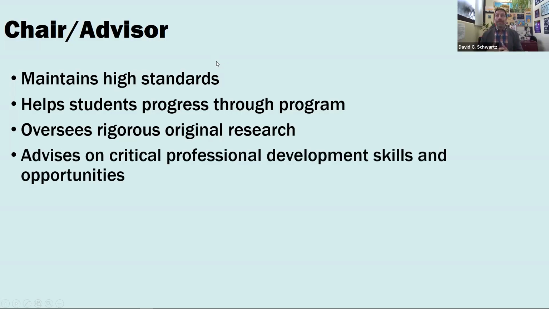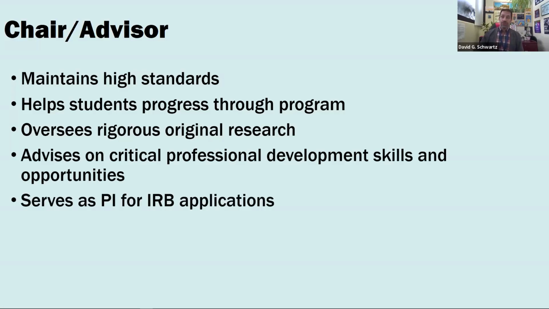They help people through critical professional development skills and tell them about opportunities. They serve as the principal investigator for IRB applications. And they also prepare their students to defend their thesis, dissertation, or other project.